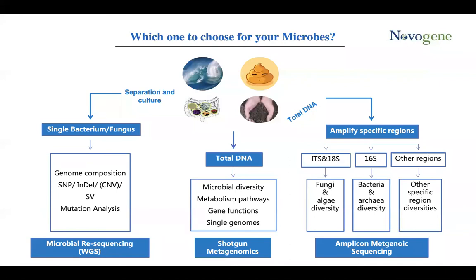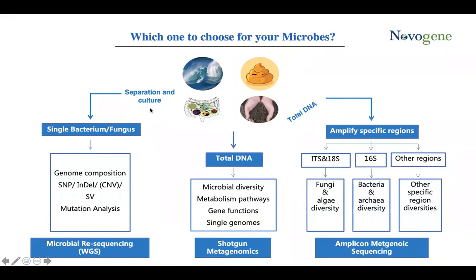Here we made a cartoon that shows the comparison among resequencing, shotgun metagenomics, and amplicon metagenomic sequencing, which are the three most common sequencing services you can find on the market. After we finish sampling from water, feces, soil, or gut samples, if we want to study a single bacterium or fungus, we will do culture and separation.